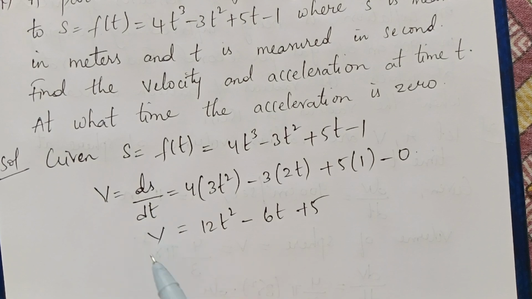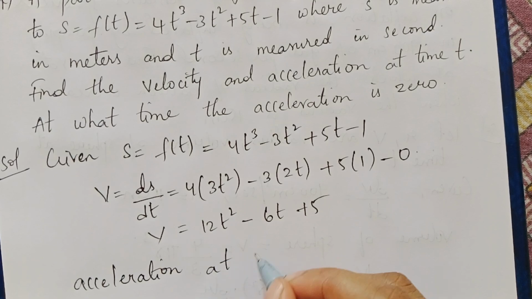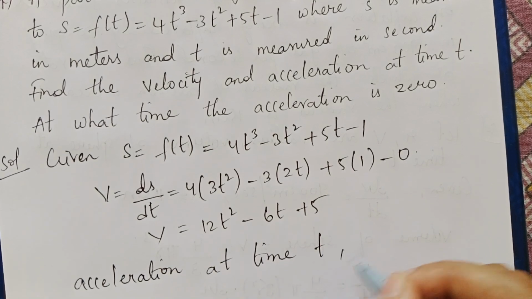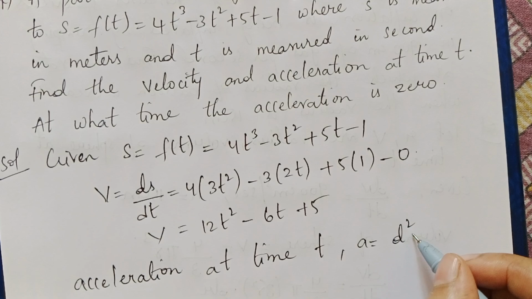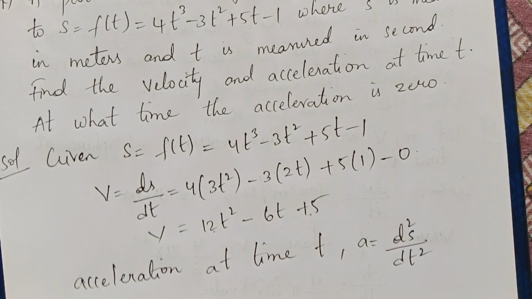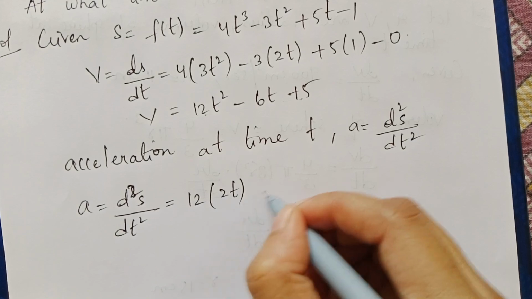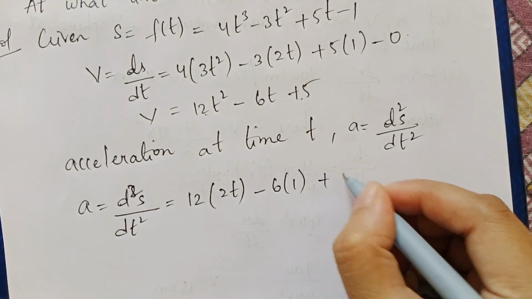Now, if we differentiate the velocity equation, we'll get the acceleration, right? So acceleration at time t: a = d²s/dt². Differentiating this equation, we get 12 as it is, the derivative of t² will be 2t, minus 6 into the derivative of t, which will be 1, and the constant will be 0.